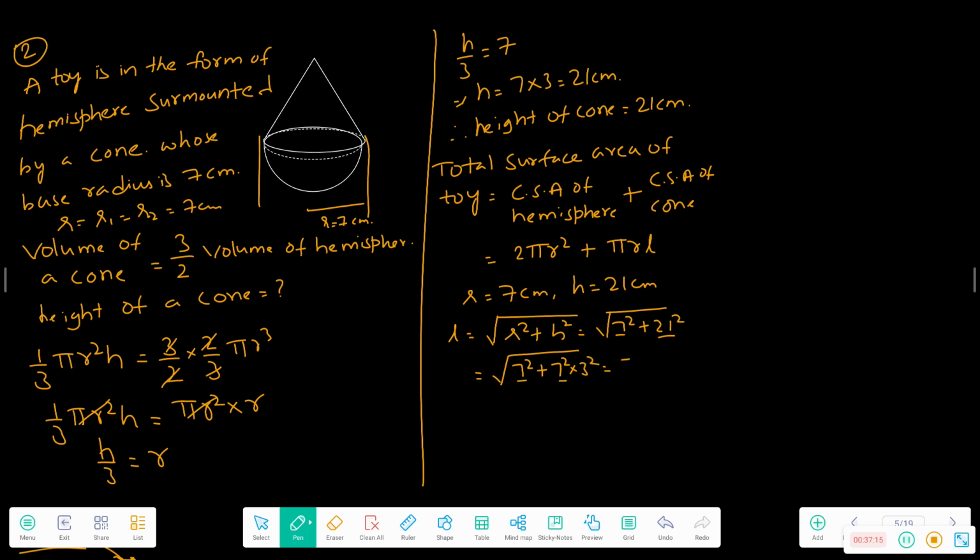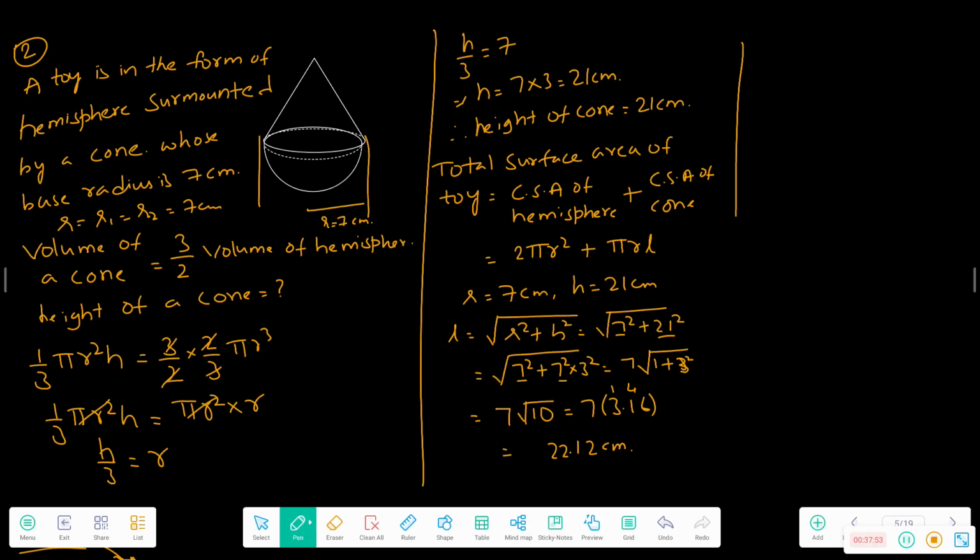So 7 will come out and it becomes square root of 1 plus 3 square, that is 7 into root 10, and the value of root 10 is approximately 3.16. So 7 into 3.16 gives 22.12 centimeter, the l value.